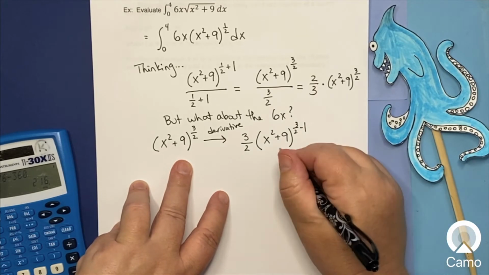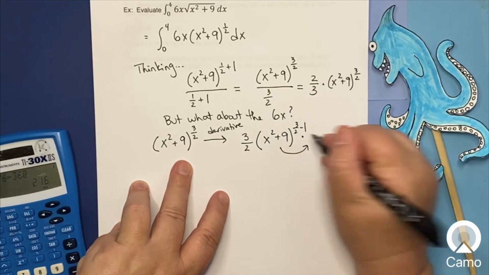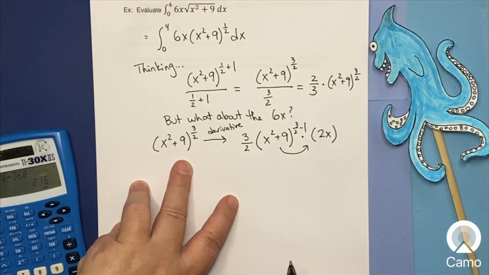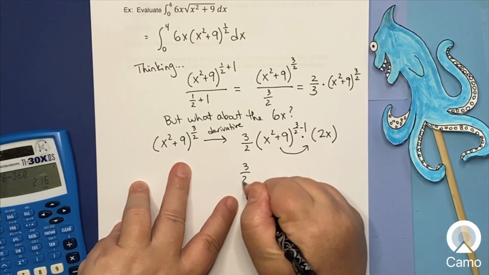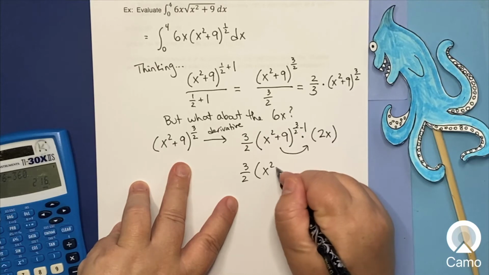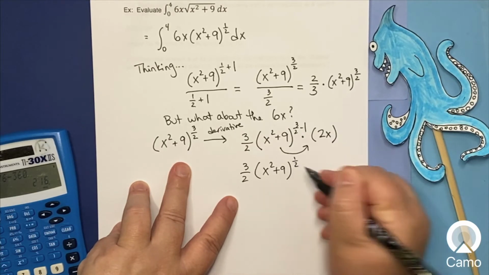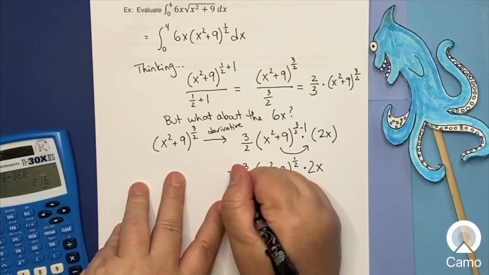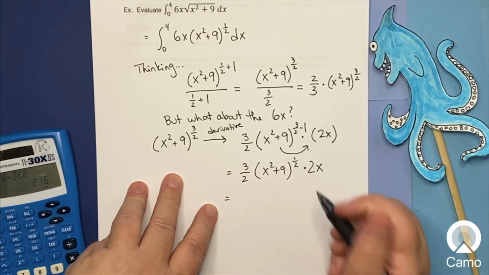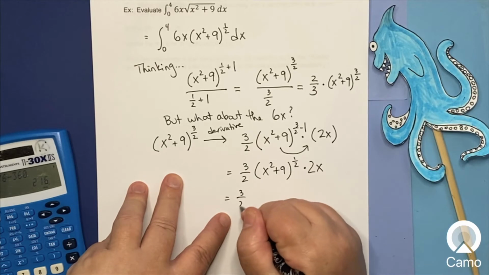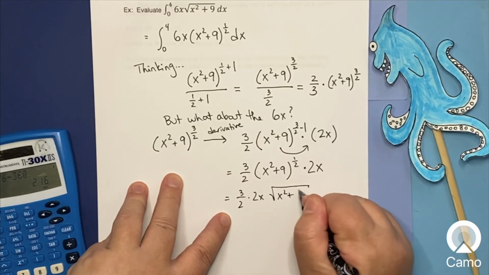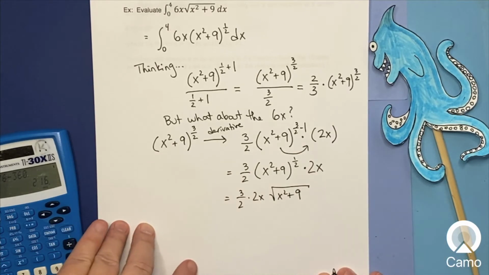But then I would have the inside, remember the chain rule? The inside part would be 2x. So this would be 3/2 times the quantity x squared plus 9 to the 1/2 times 2x, which brought around gives me 3/2 times 2x times radical x squared plus 9, right?